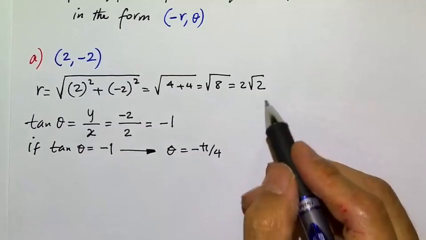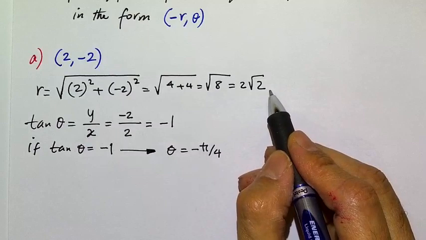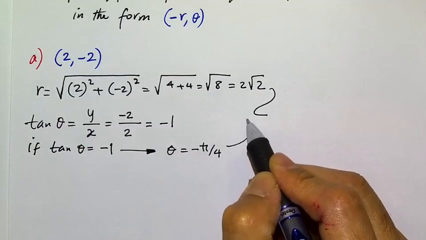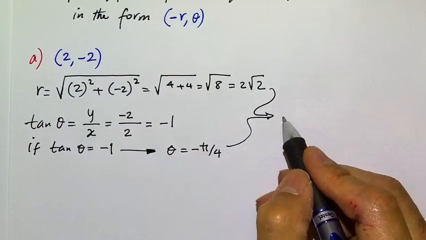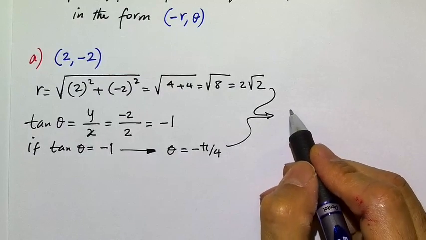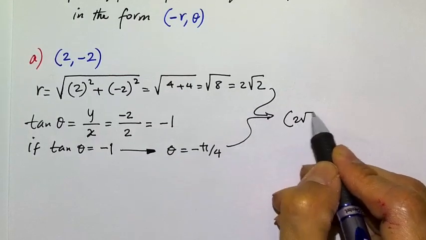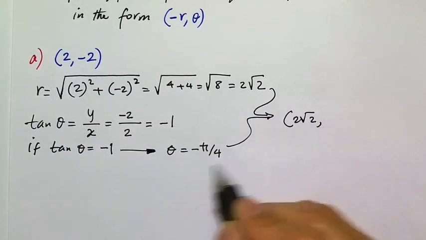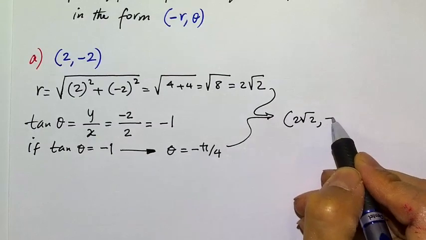Okay, so combining these two, we have the polar coordinates r, theta: 2 square root of 2, comma, minus pi over 4.